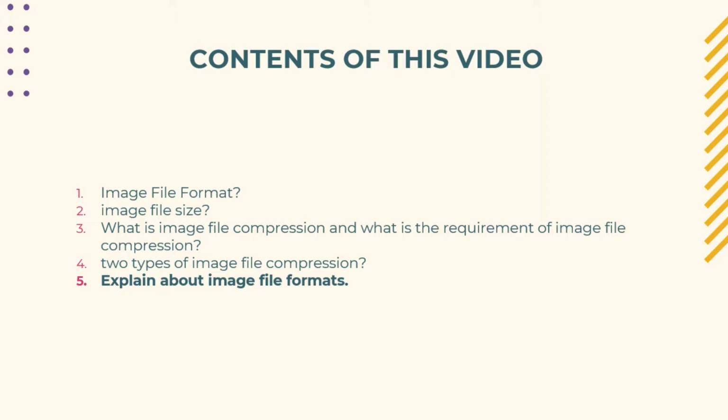The first topic is image file formats, and the next topic is image file sizes, and the third one is what image file compression means, and what the requirements of image file compression are. The next topic is the 2 types of image file compression, and the last one is explaining the main image file formats.